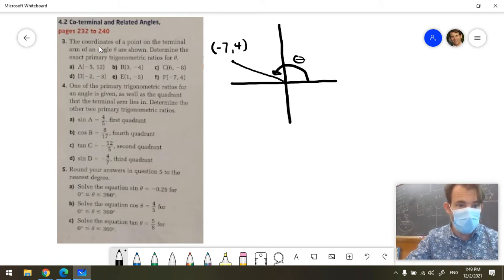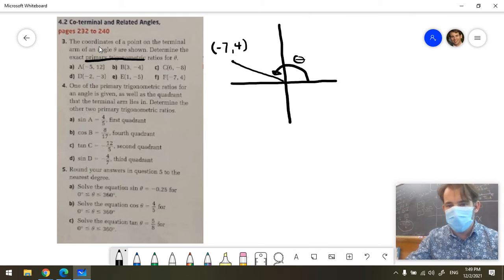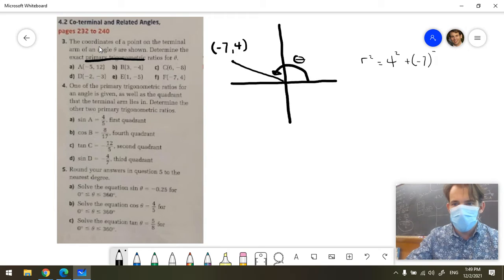We are only looking at primary trigonometric ratios here, so we don't need cosecant and secant and all those. I know that r squared will be equal to 4 squared plus negative 7 squared.